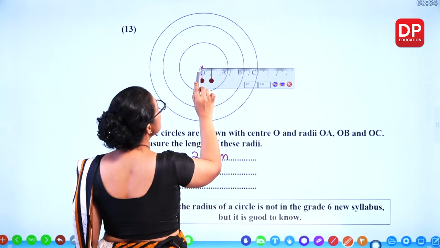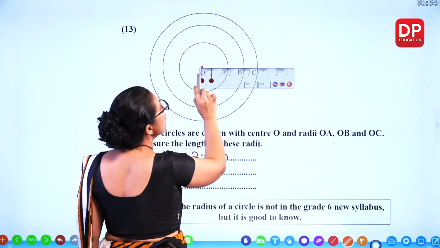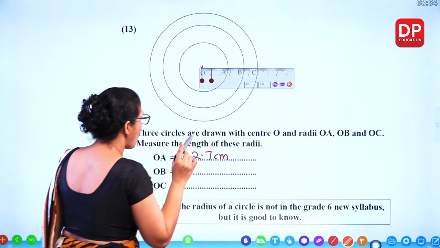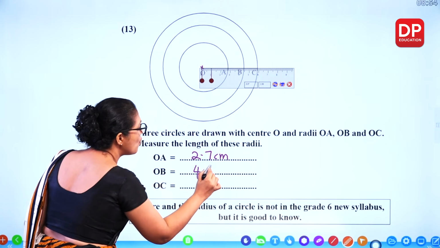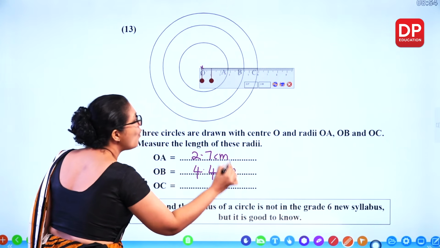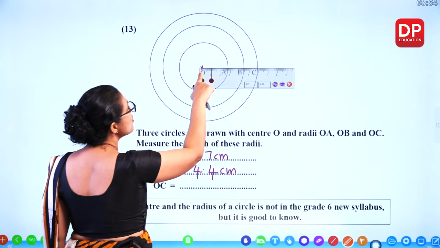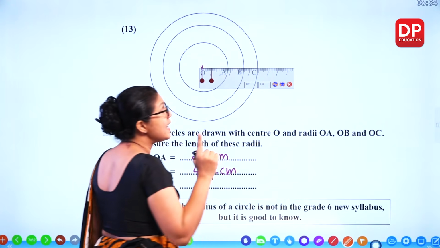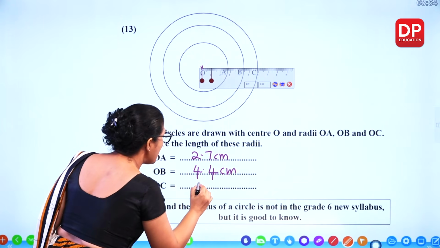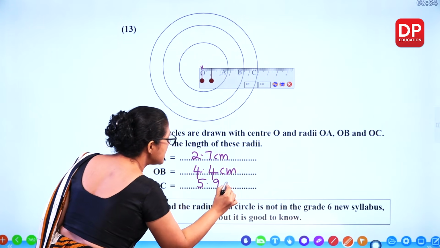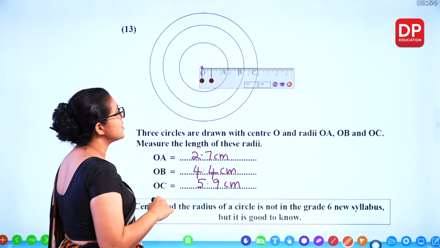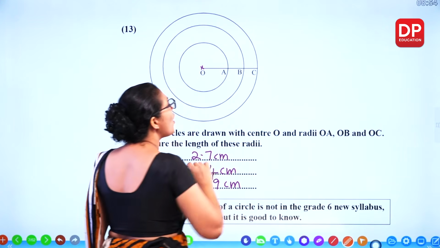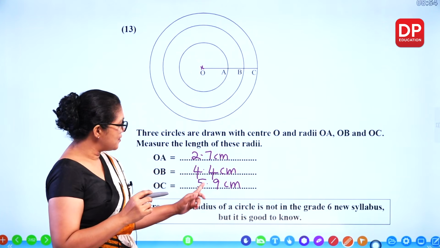Then you can measure here to here now. What's that? 4.4 centimeters for OB. What about OC? From here to here, you get 5.9 centimeters, that's OC.